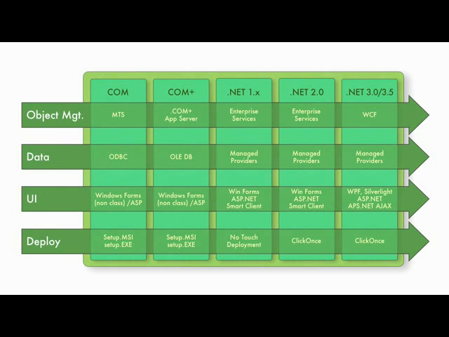With 3.0 and 3.5, we introduced some new user interface programming models, specifically Windows Presentation Foundation. For those of you looking to build rich interactive applications using vector-based graphics, WPF is the application model of choice. WPF allows you to build non-traditional three-dimensional objects using the user interface of a desktop.